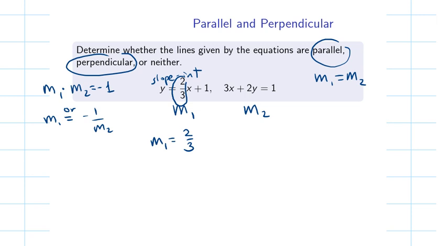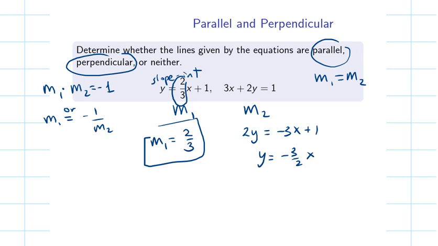And we have to do a little bit of work to find the slope of m2, and we could just put it into slope-intercept form. So let's say 2y equals negative 3x plus 1, and y equals negative 3/2 x plus 1/2. And so we can read off now that m2 is negative 3/2.